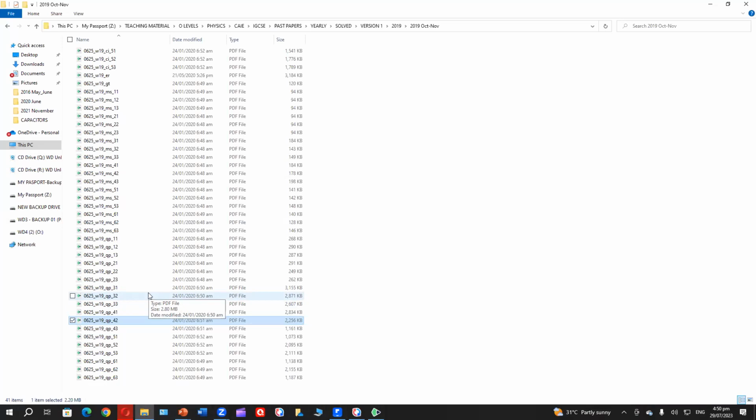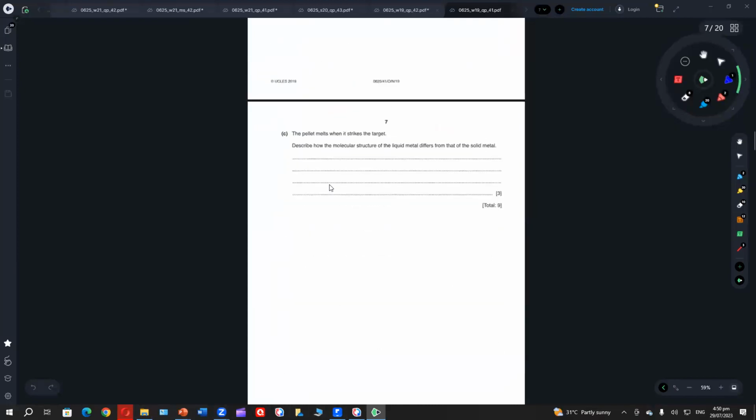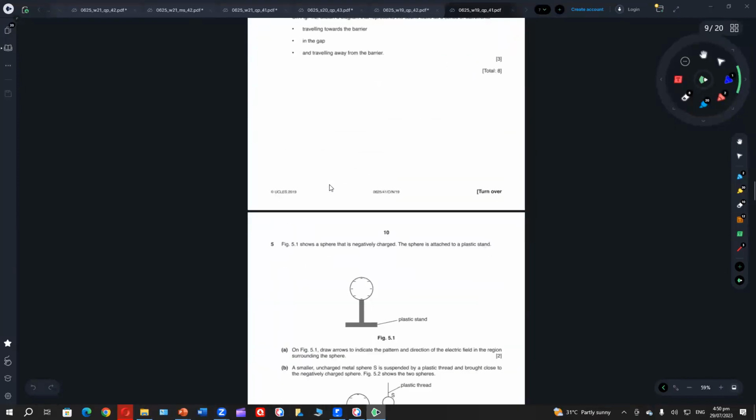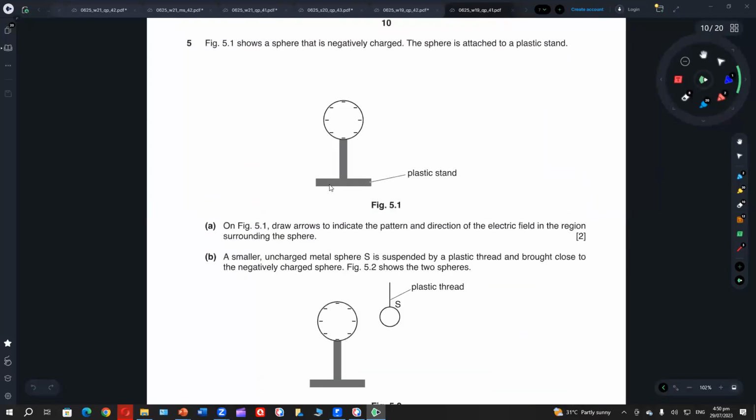October-November 2019, paper 41, question 5. Is it this question? Yes, sir, this question only. Okay. The figure shows a sphere that is negatively charged.